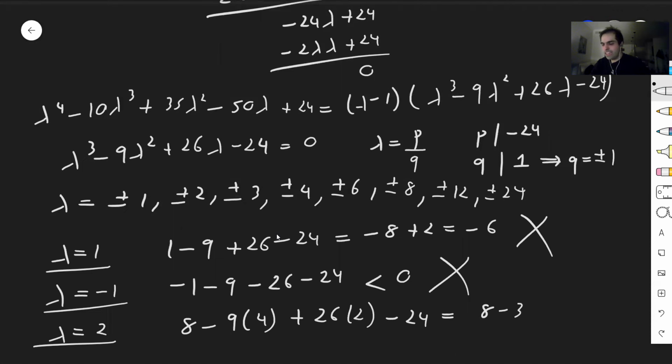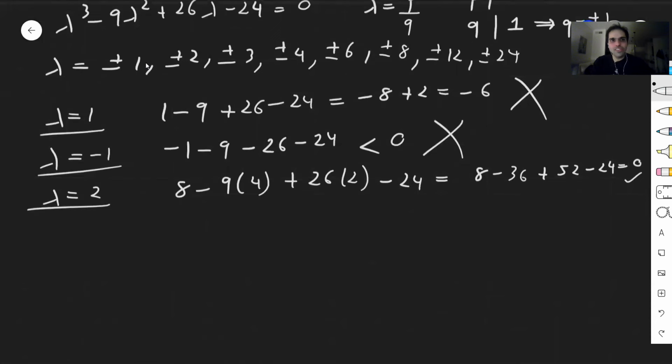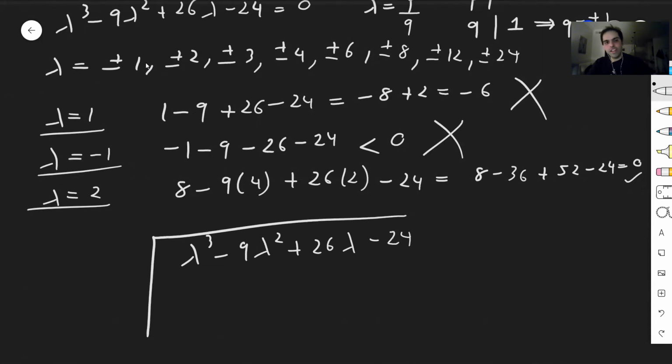So that's 8 minus 36 plus 52 minus 24. And woo, that is 0, which means all we need to do is take lambda cubed minus 9 lambda squared plus 26 lambda minus 24 and divide it by lambda minus 2.